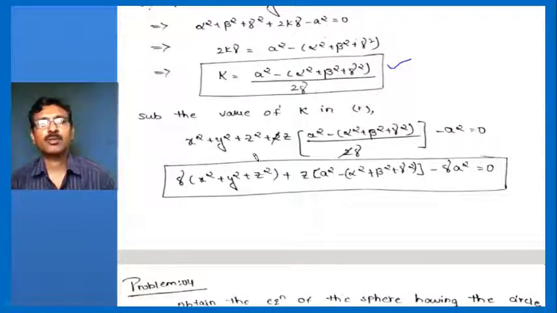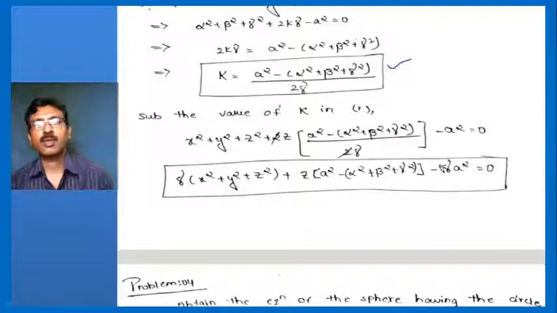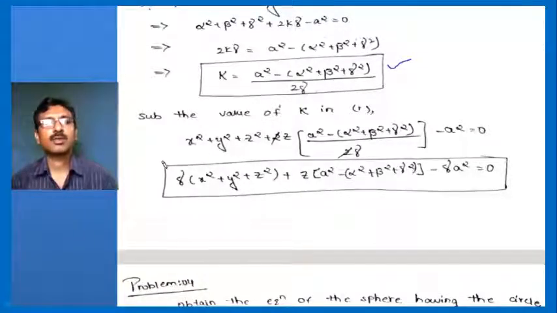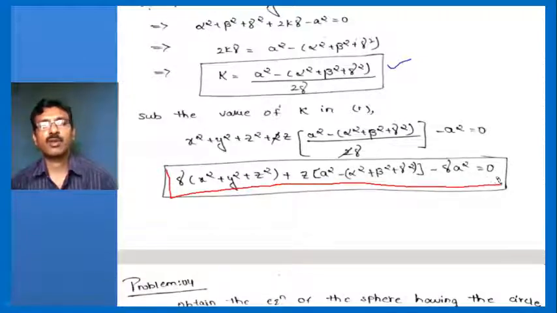Multiplying gamma on both sides, gamma into x square plus y square plus z square plus z into a square minus of alpha square plus beta square plus gamma square minus gamma a square equal to 0, which is the equation of the required sphere.